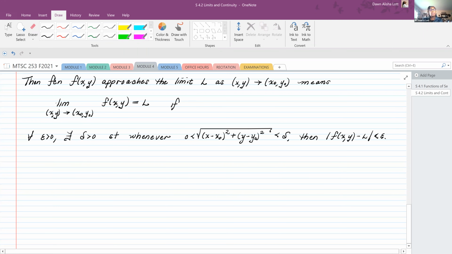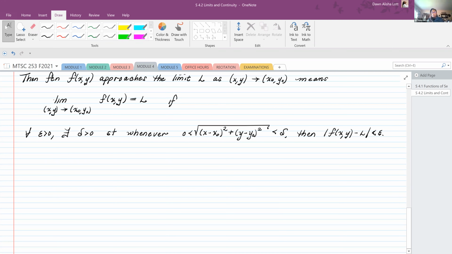So that just means that there's a small ball around the point, and as long as I'm inside that ball, I'm within epsilon of the limit. Okay, so there are some really simple things. For example, the limit as (x, y) approaches (x naught, y naught) of x is just x naught.